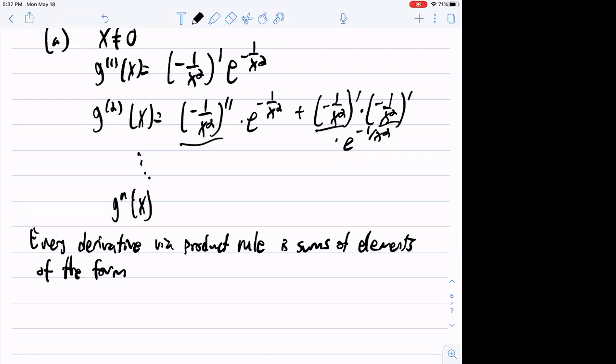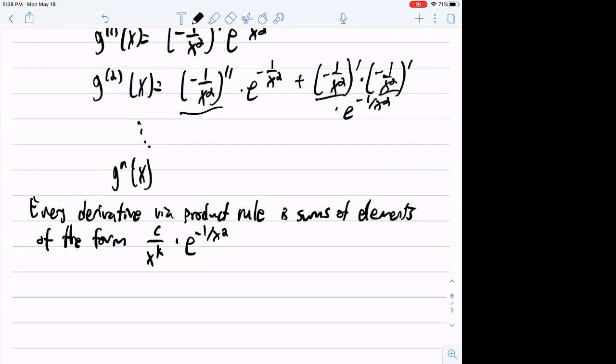I don't care about the constant, it's just some higher power of x on the bottom. Like the derivative of 1 over x squared is something over x cubed, right? So it's of the form c over x to some power, where c is a constant, times e to the negative 1 over x squared. Yeah, it's sums of elements of these forms, right?